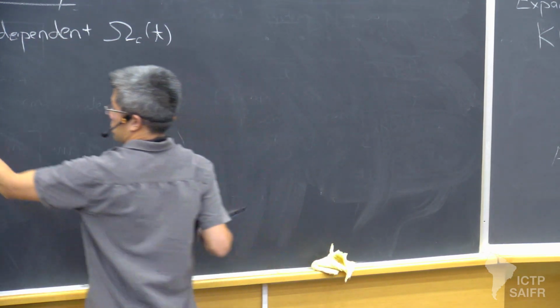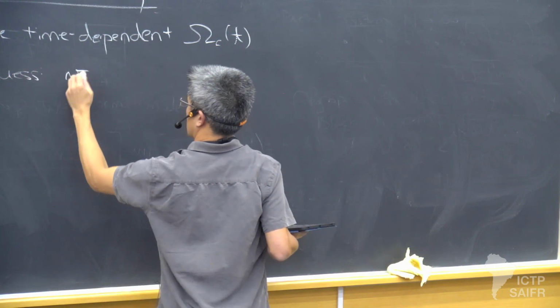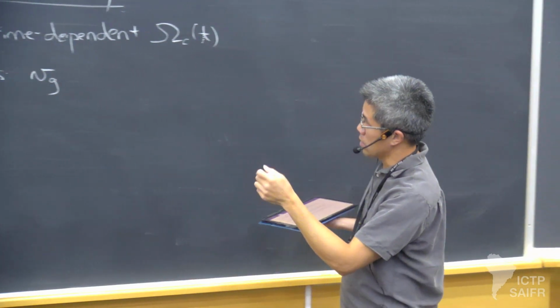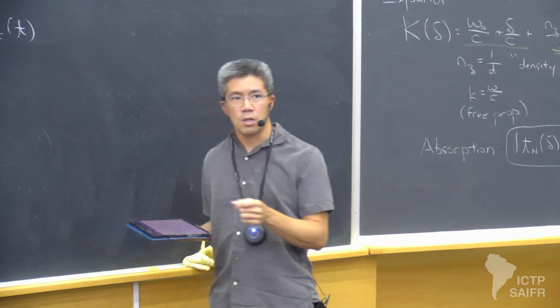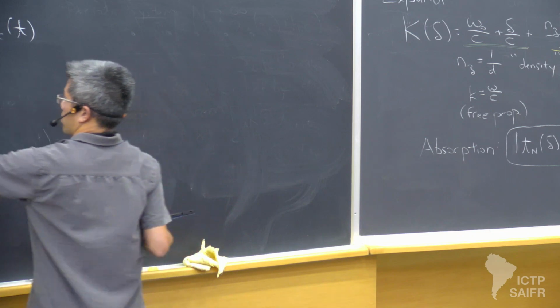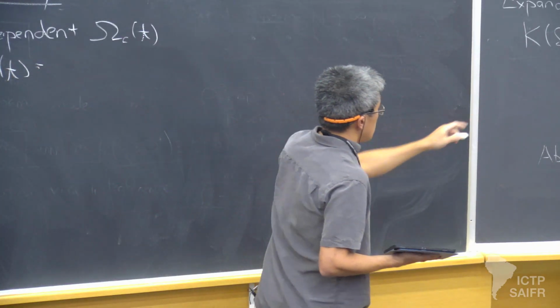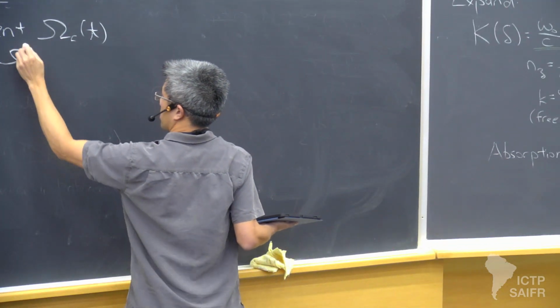Let's just be naive and guess what might occur. As long as I tune omega C in a way that's adiabatic, roughly speaking, then you imagine that this group velocity formula still holds.